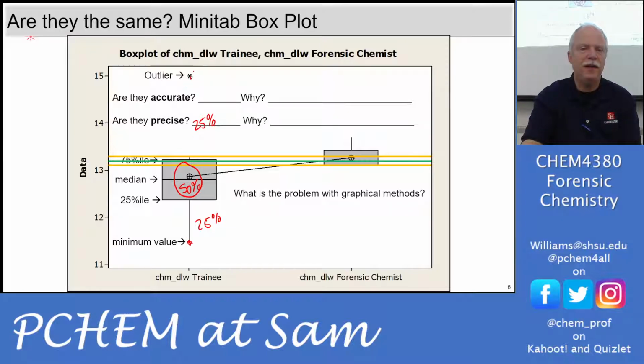And now Minitab does its statistical test to determine if it's an outlier automatically in a box plot. And so it's telling us that 15 is an outlier. It also shows you the median, which is the middle data point.